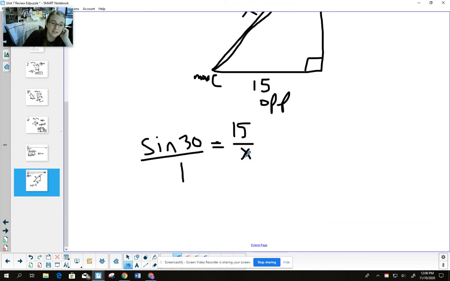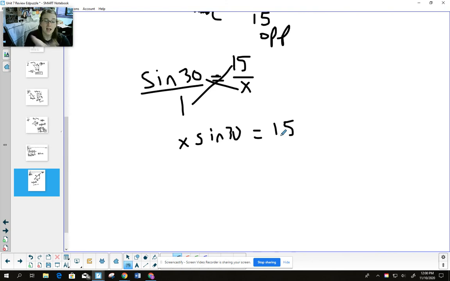We cross multiply here. We've got X times sine 30. We've got 15 times 1 is 15. Again, guys, X is not by itself. Can't go to the calculator yet. You can only go to the calculator once X is by itself.